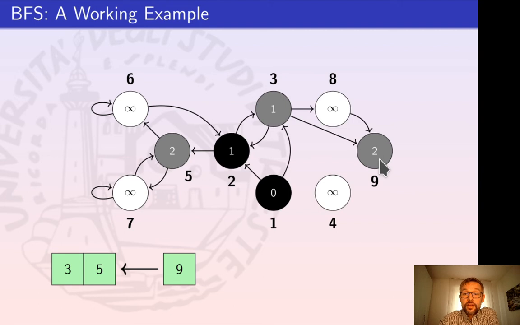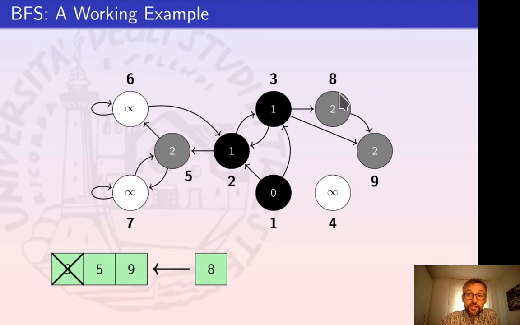So its distance should be 2 from the source. And now 3 couldn't be deleted, simply because it already has a white neighbor, so we need to select the other white neighbor.